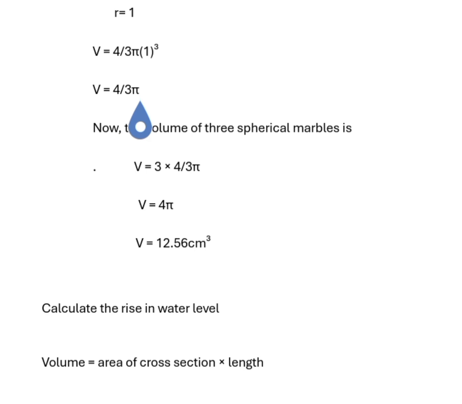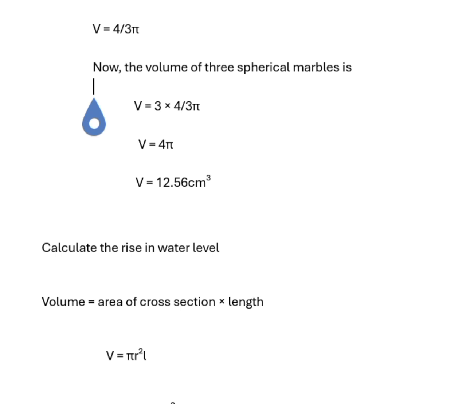Now we find out the volume of the three marbles. We multiply this volume by 3 so that we can easily find the volume of the three spherical marbles. So 3 multiplied by 4 pi over 3 is equal to 4 pi. 4 pi is equal to 12.56 centimeter cube.